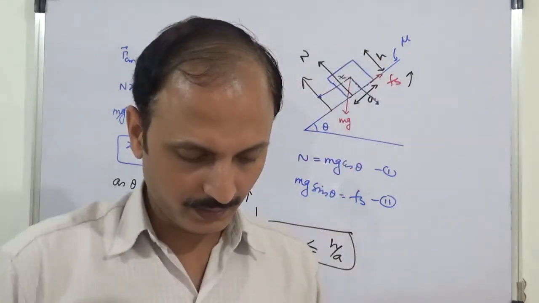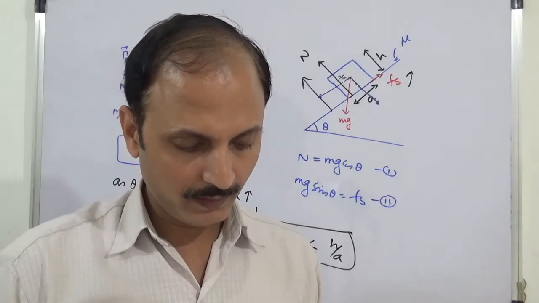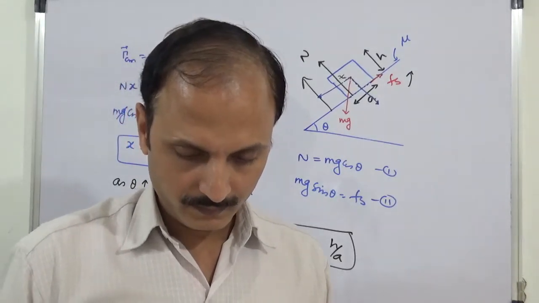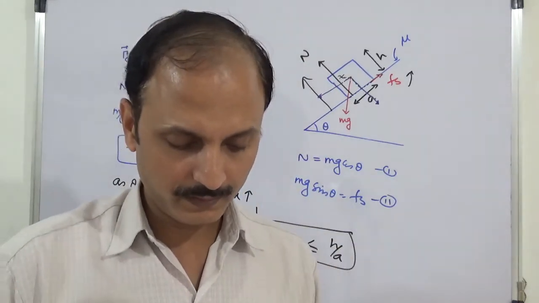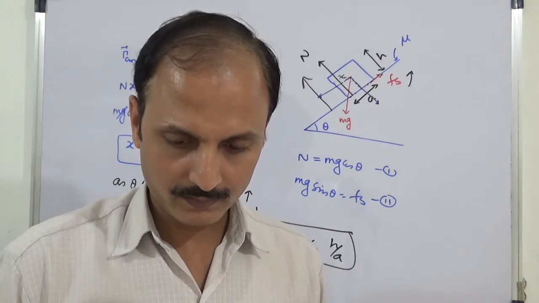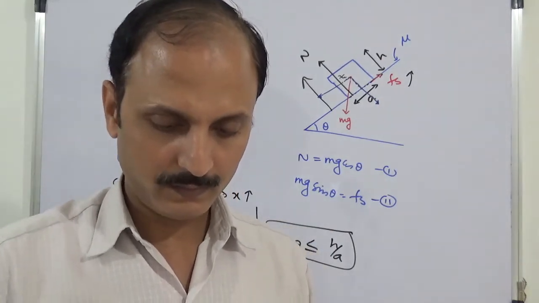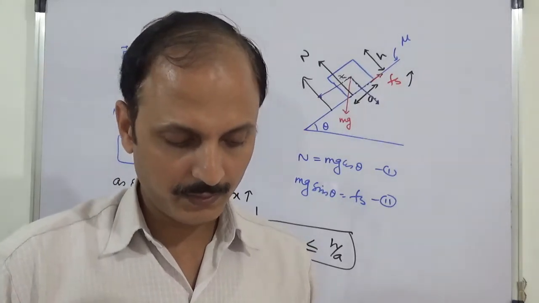Okay. Question is, a block of height h is projected along a rough surface of coefficient of friction mu.